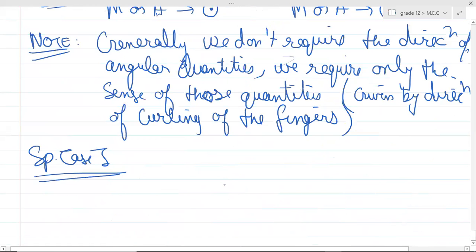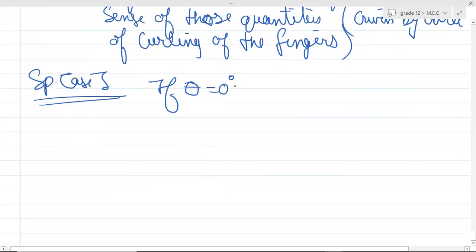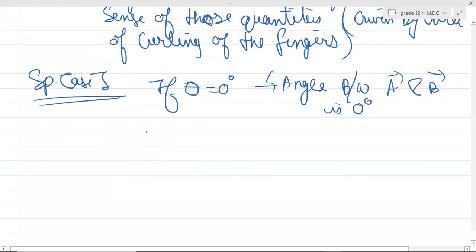Special case number 1. Guys, please remember, if theta is 0, that implies the angle between the area vector and the magnetic field vector is 0. The remaining case I'll give as homework.